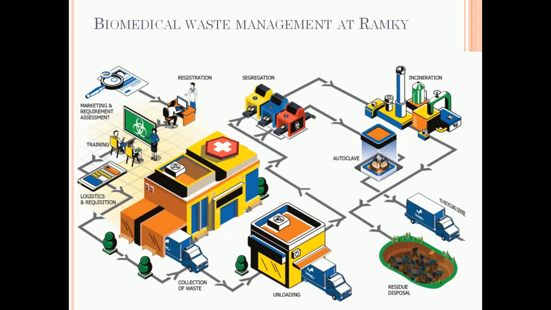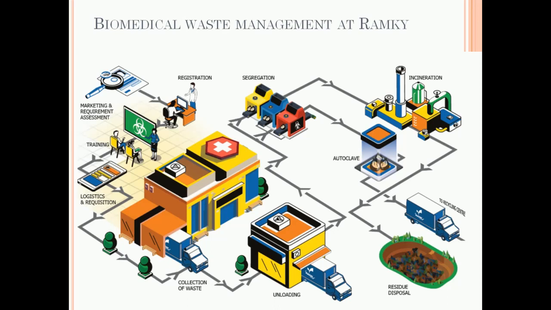Once it is unloaded, they do the segregation based on the color coding system, and effectively send it to various treatment facilities. If a color code has to be treated by incineration, they send it to incineration units. If some color code has to be sent to autoclaving, they send it to the autoclaving system. They have all these facilities in place, and they use them to treat the biomedical waste in a more sophisticated manner.